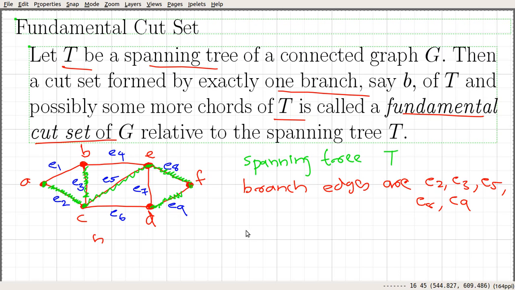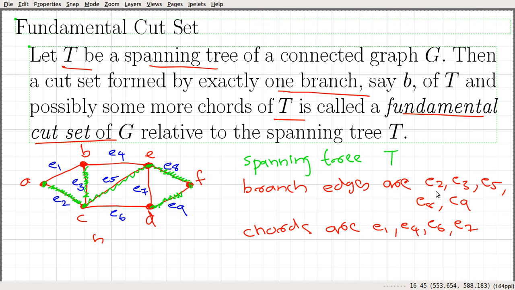So here the chords of this spanning tree, with respect to the graph, are these non-branch edges: E1, E4, E6, E7.